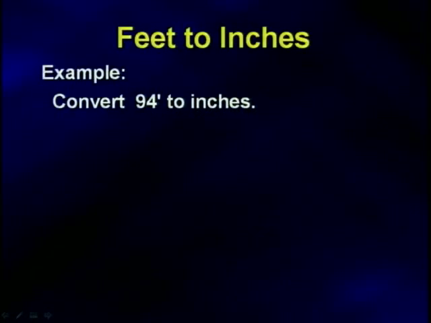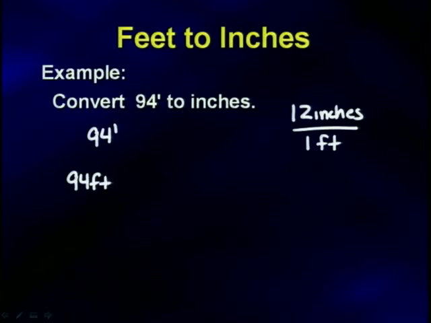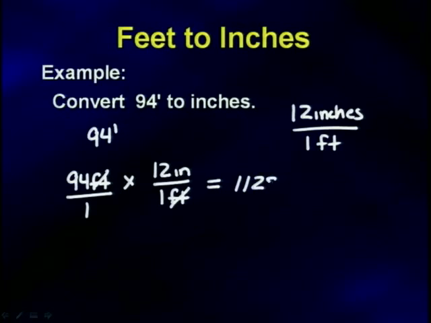Good. A few examples of changing feet to inches instead of inches to feet. So if I start with 94 feet, and I want to change that to inches, this time I'm going to use 12 inches over 1 foot, because I want the feet units to cancel out. So if I have 94 feet times 12 inches over 1 foot, the foot units will cancel. And I'd have to do 94 times 12, which gives me 1,128 inches.